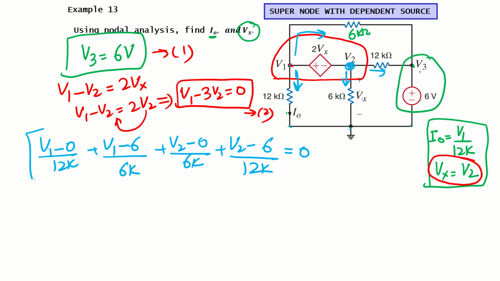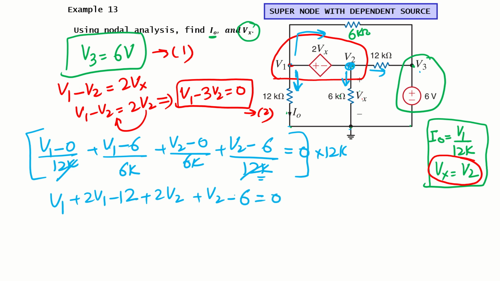Multiply the whole equation by 12k, the biggest one here. So 12k and 12k cancel. For the V1 terms, 12 divided by 6 gives 2, so 2 times V1 minus 6 times 2, which is 12. Again 12 divided by 6 is 2, plus 2 times V2, and then plus V2 minus 6 is equal to 0.